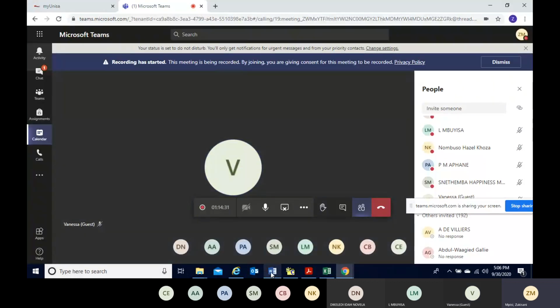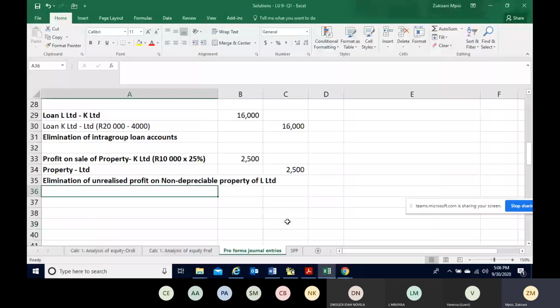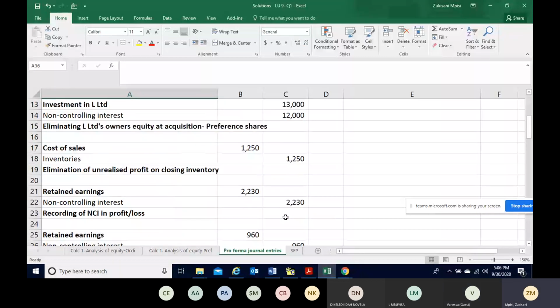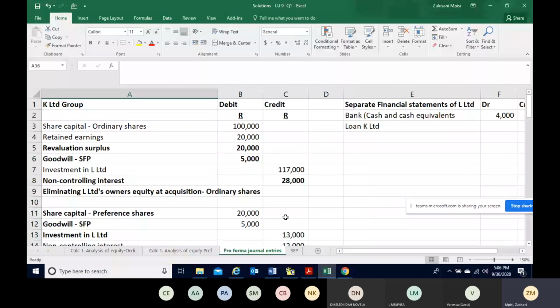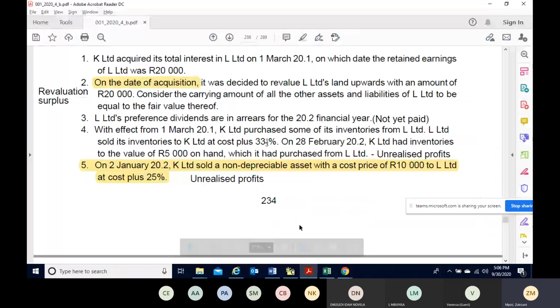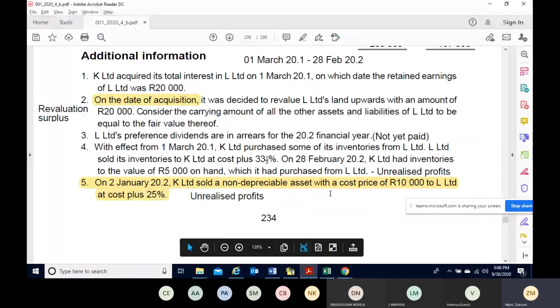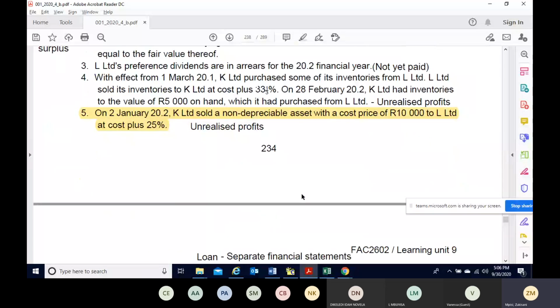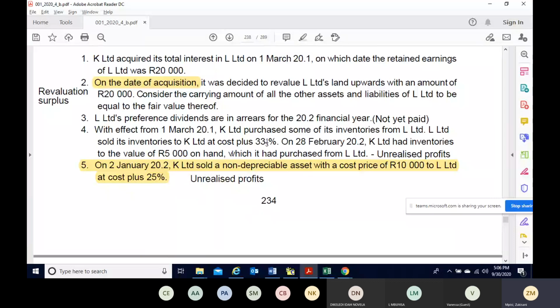I hear your question very well. On inventory, you're asking why we are not just taking out the 33.1%, and in this case why we are taking only the 25% and not 25 over 125. Now, this is the difference. I want us to read this question again. On the other side, we are also on the inventory side.